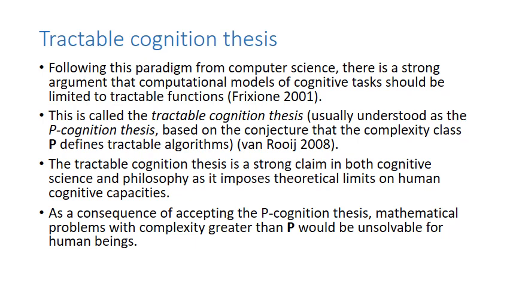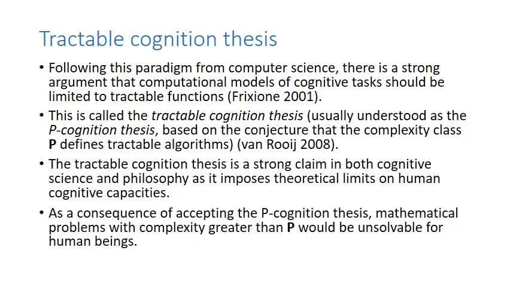Following this paradigm from computer science, there is a strong argument that computational models of cognitive tasks should be limited to tractable functions. In the literature, this is called the tractable cognition thesis. And usually, this thesis is understood as the so-called P-cognition thesis, which is based on the conjecture that the complexity class P defines tractable algorithms.